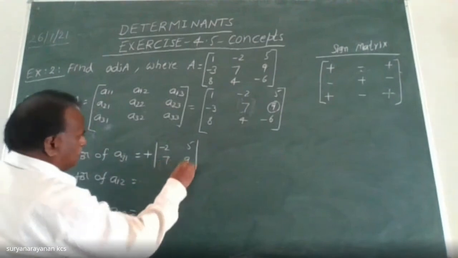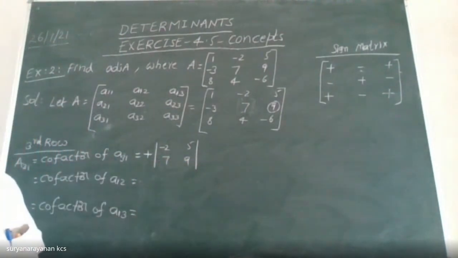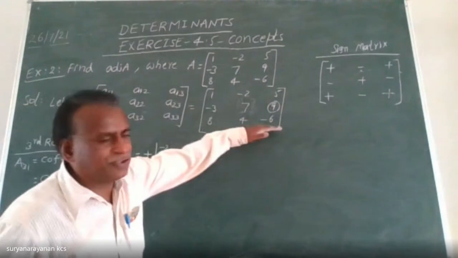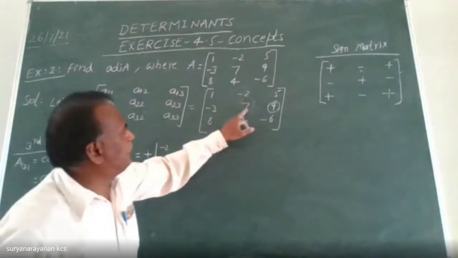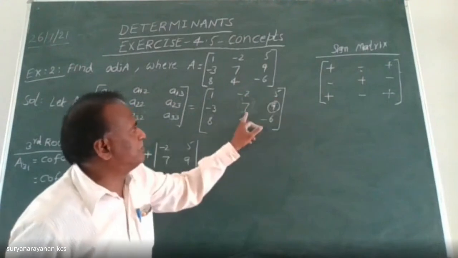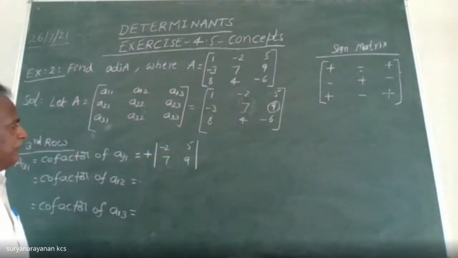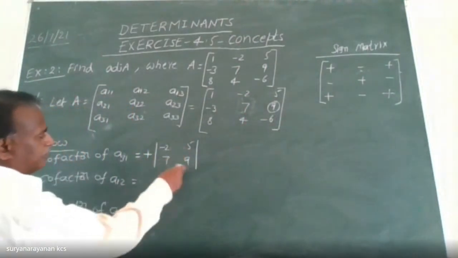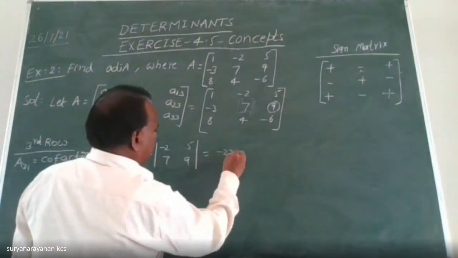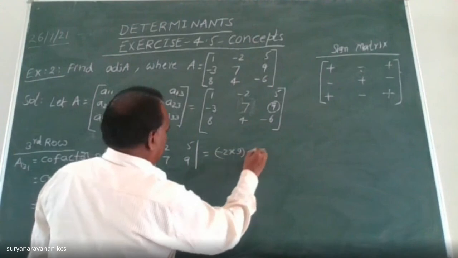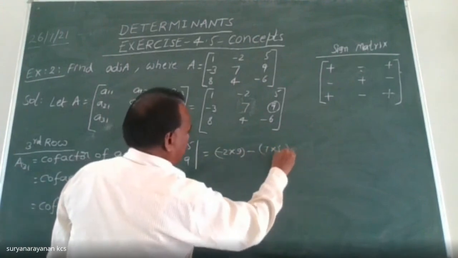7, 9. Okay, my dear Kevin Paul, you have to close this third row and the first column. These four elements are left, minus 2, 5, 7, 9. Now find the determinant of this matrix. Minus 2 into 9, minus 7 into 5.